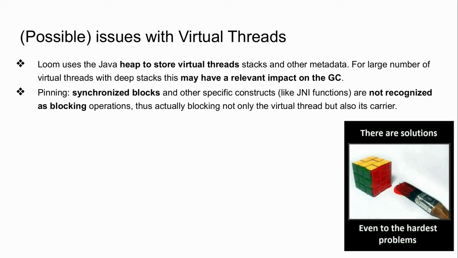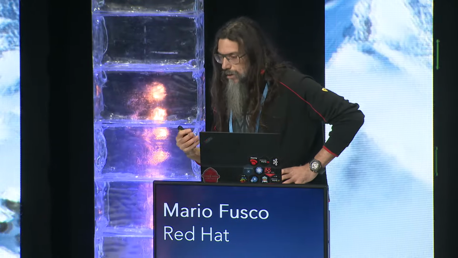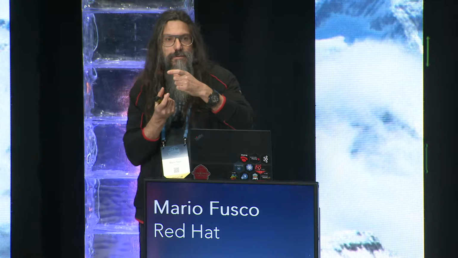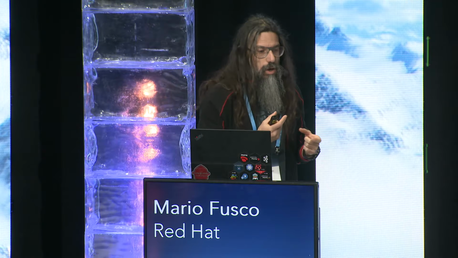Okay, this is almost always true unless the virtual thread is pinned. Pinned meaning that the virtual thread is locked to this carrier, so when the virtual thread blocks, in that situation, the carrier also blocks, which is the thing that you don't want.